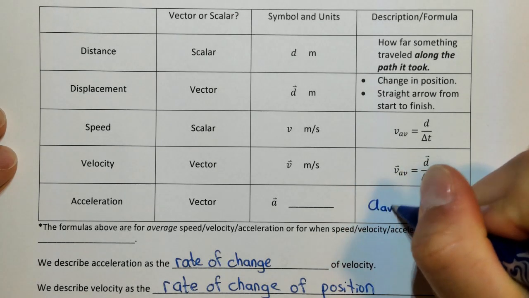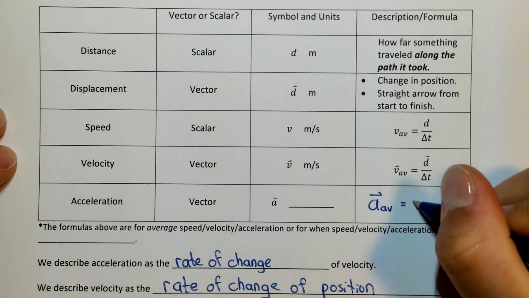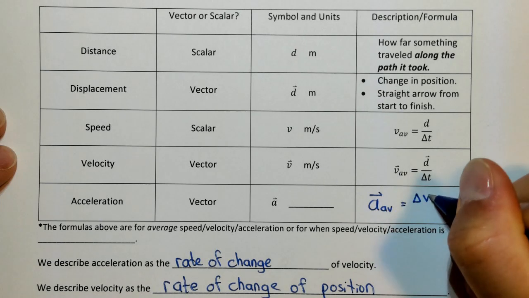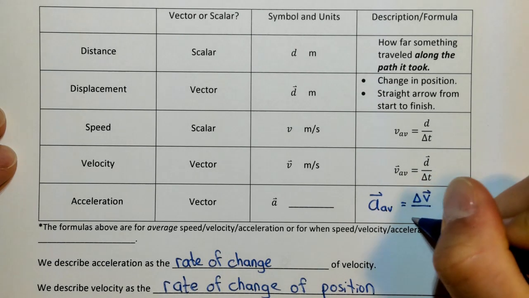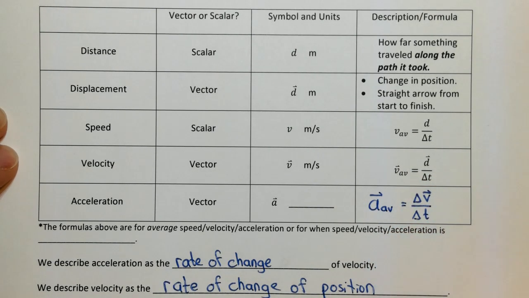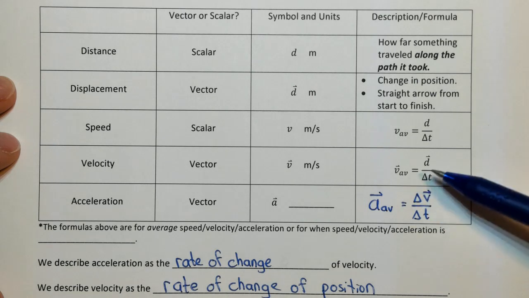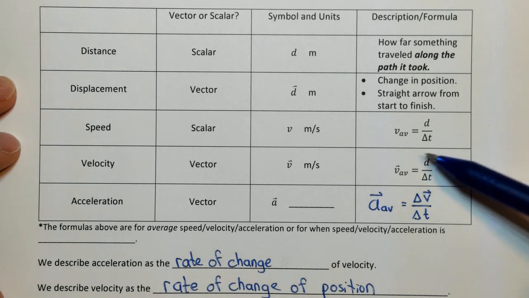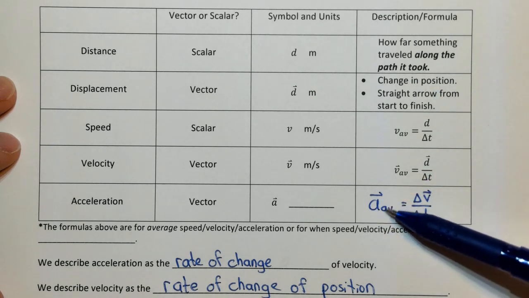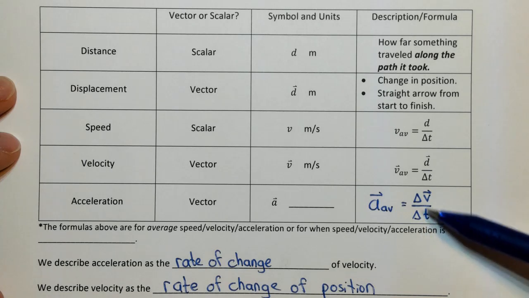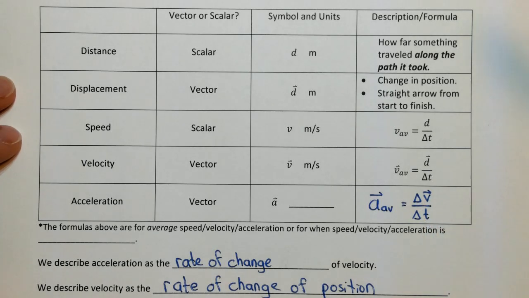So average acceleration is the change in velocity, the rate at which that's happening. So velocity is the rate of change of position, and acceleration is the rate of change in velocity.